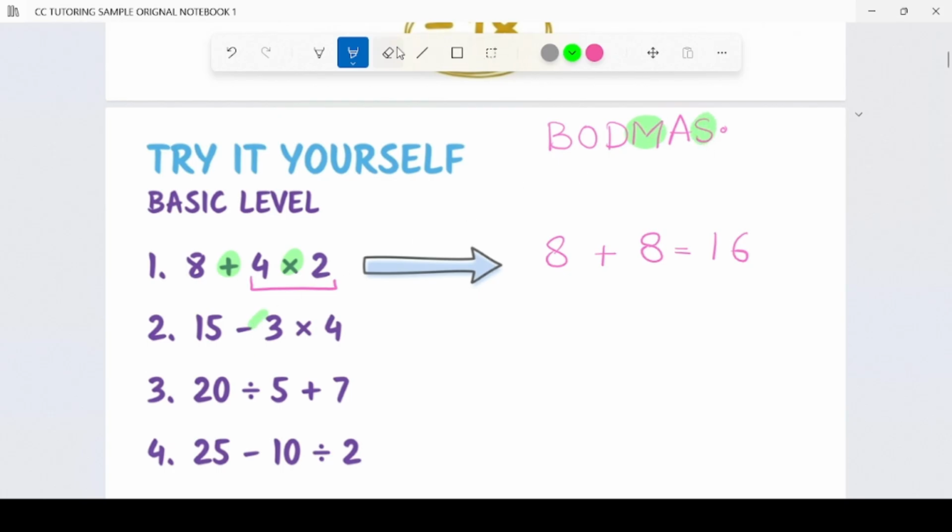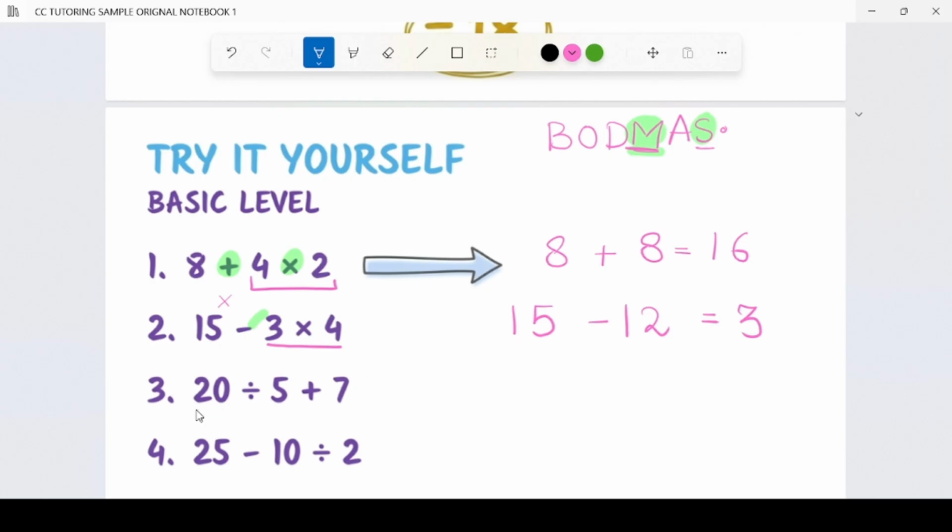Because I know multiplication comes first, I'll multiply first, and after that I'll subtract. So 15 minus 3, I won't subtract first. I'll multiply first, because that is before subtraction. So 3, 4 ones are 4, 4 twos are 8, 4 threes are 12. 15 minus 12 equals 3. I hope you are getting my question and answer.